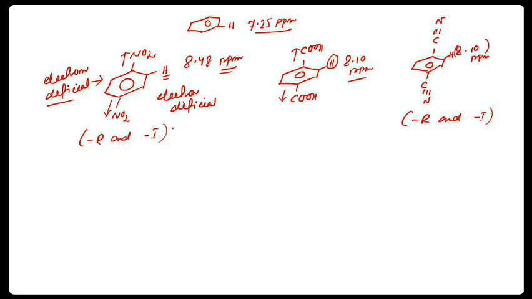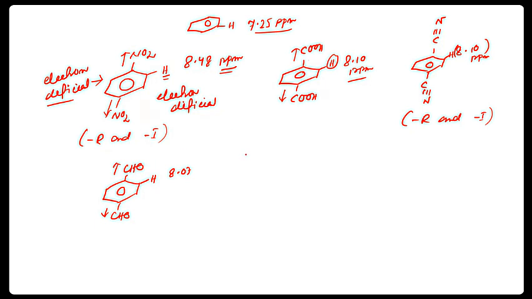Then we'll see the value for aldehyde. Aldehyde is also electron withdrawing. Its value is 8.07. So the aldehyde is a weaker electron withdrawing group than nitro.